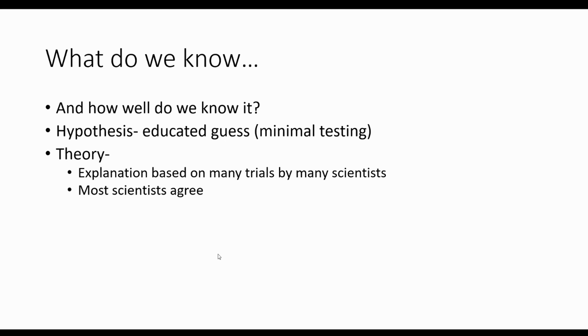So a theory is never the result of just one experiment, and it's never a result of just one scientist's experiments. And in general, most scientists agree with this, but we don't necessarily have 100% agreement on it. There can be very legitimate scientists who look at a theory and say, I think you're missing something.